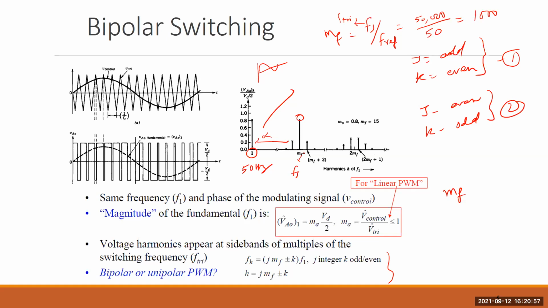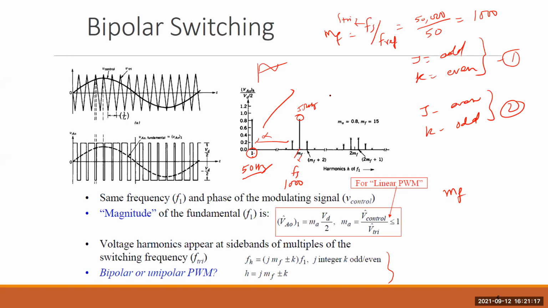So MF means order, this is the fundamental, and MF is 1000. In terms of harmonic order it is 1000, but when we write in frequency, this is 50 hertz and this is 50 kilohertz.